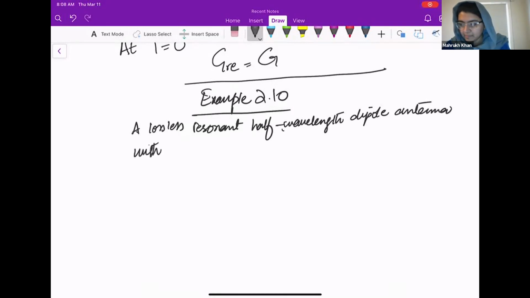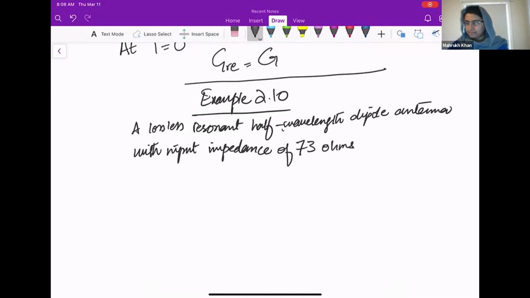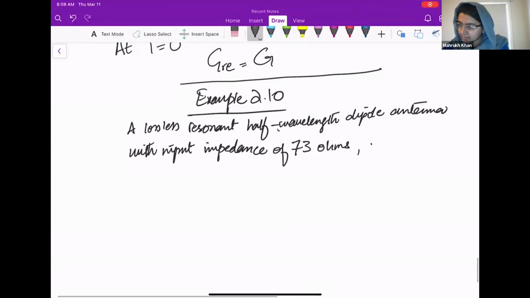With input impedance of 73 ohms is connected to the transmission line whose characteristic impedance is 50 ohms.